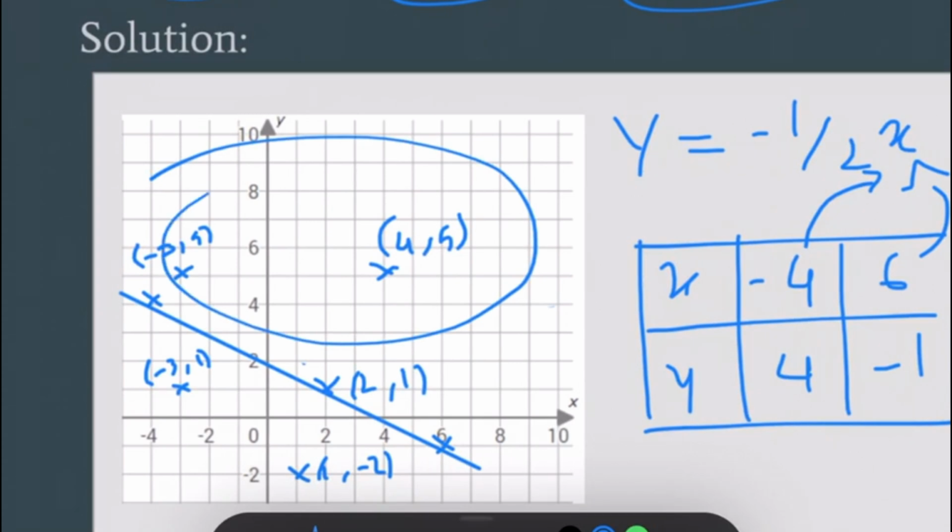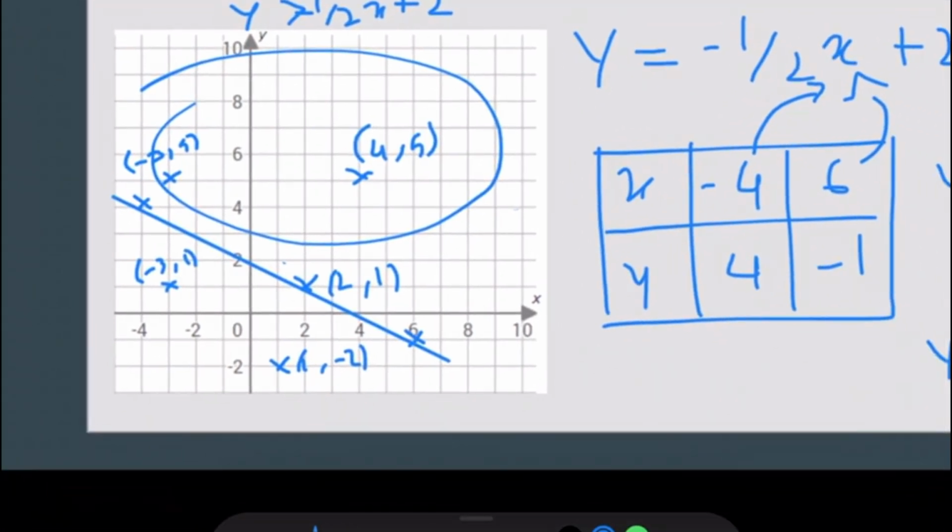satisfies the equation of y more than negative 1 per 2 x plus 2. And if there is a coordinate below the line, it satisfies the equation of y is less than negative 1 per 2 x plus 2.